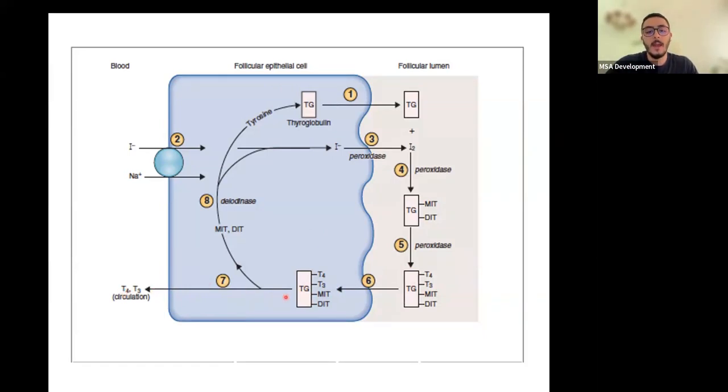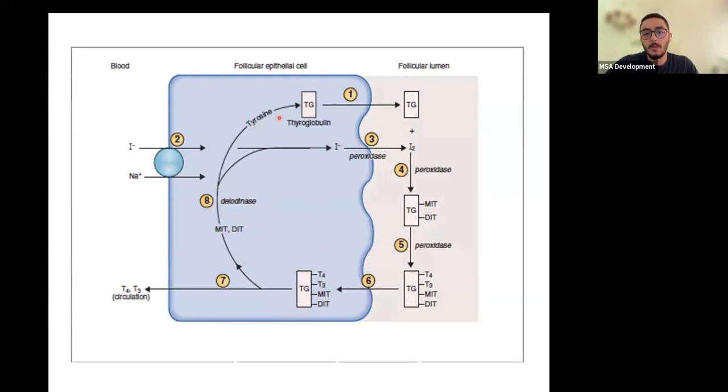And then the remaining thyroglobulin and MIT and DIT will be recycled by an enzyme called deiodinase. That's the eighth step. So deiodinase will break down MIT and DIT. Recall with me, what are the residual MIT and DIT? They are only iodine and tyrosine.